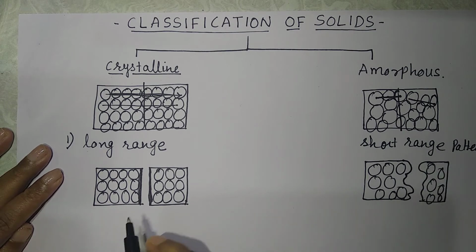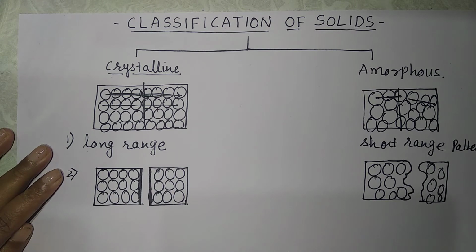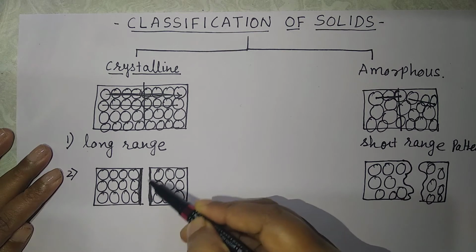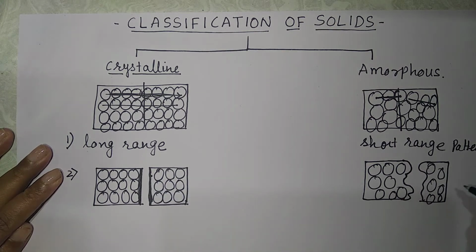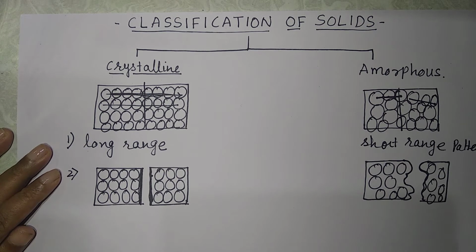Second, if I cut a crystalline solid by using a sharp edge tool, then I get two pieces with smooth and plain surfaces, while here they will split into two pieces, but they will have irregular surfaces. So this is the second point of difference.